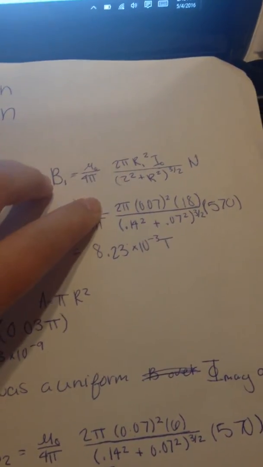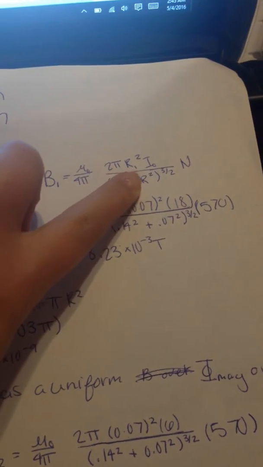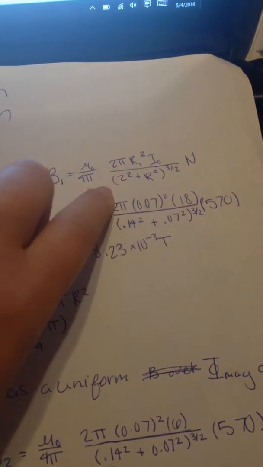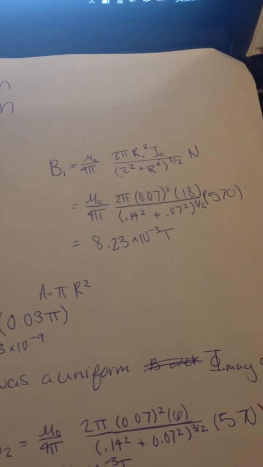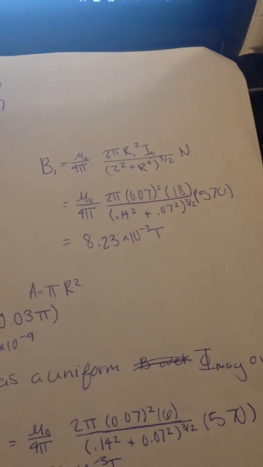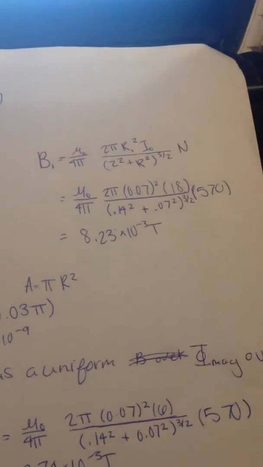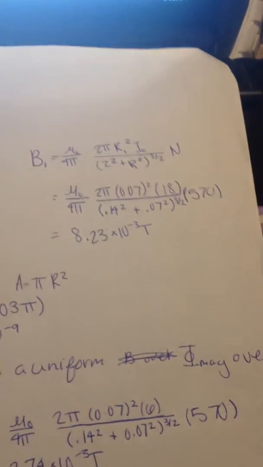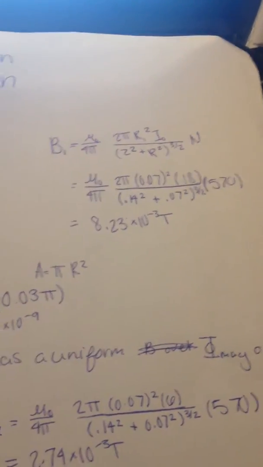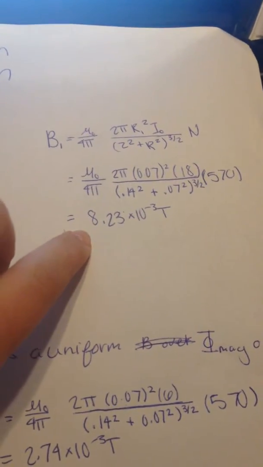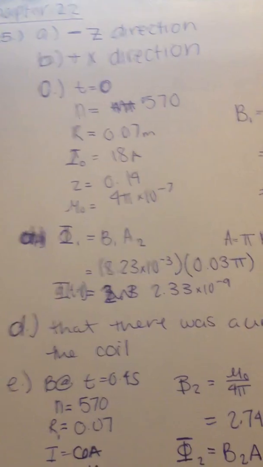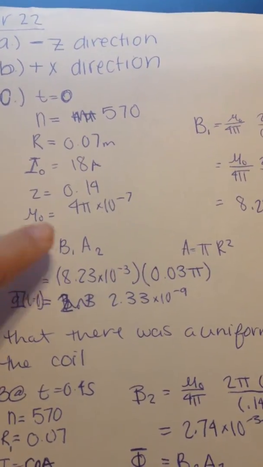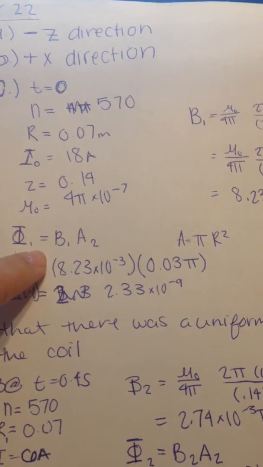It's 2 pi r1 squared, I sub naught, over z squared plus r squared raised to 3/2, times the number of turns in the wire. I plugged all that in there, got my 8.23 times 10 to the negative third Tesla. Then I'm going to plug that into my formula for flux.